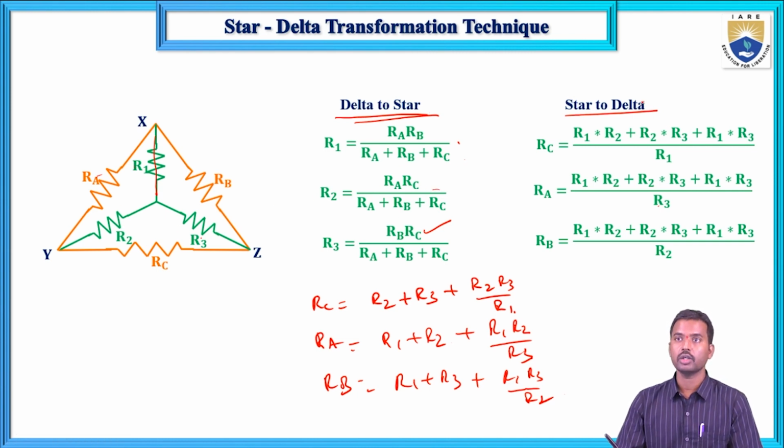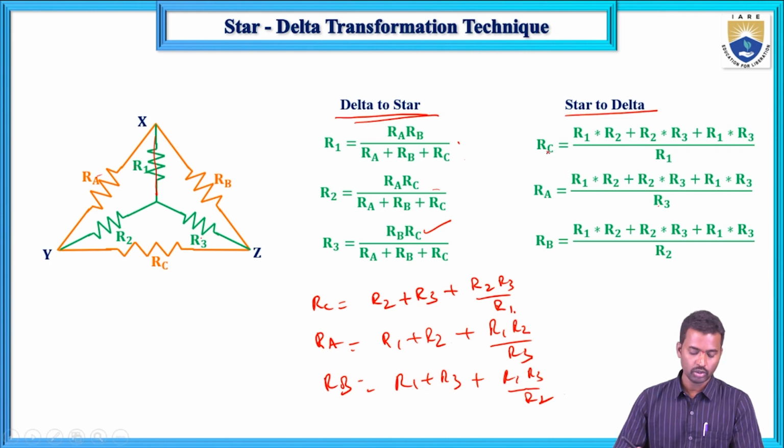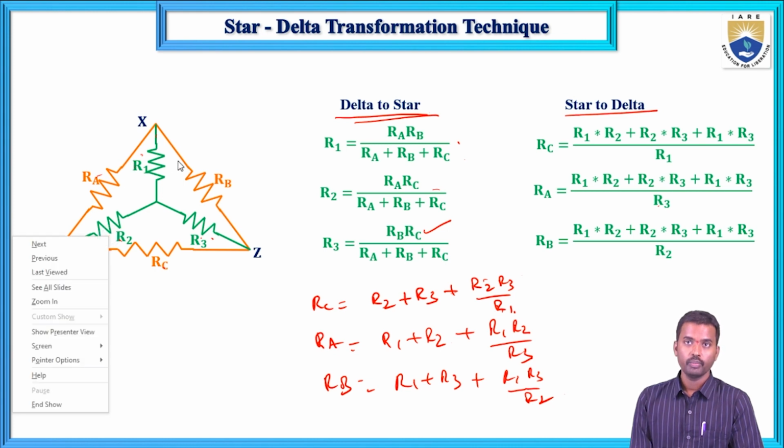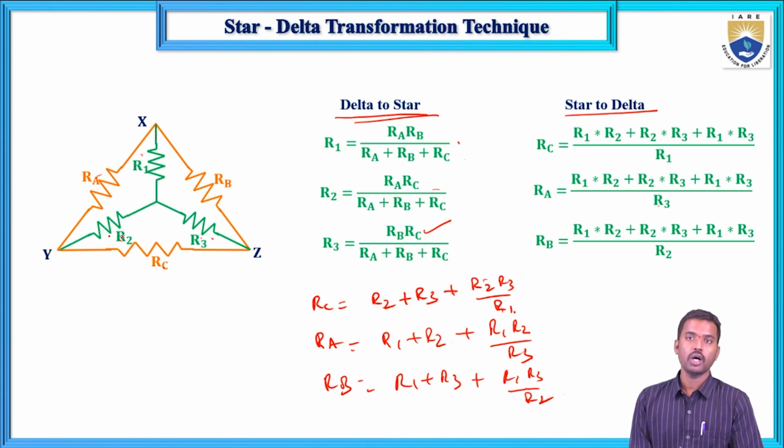Next, what about star to delta? RC equals R2 plus R3 plus R2 R3 divided by R1. And RA equals R1 plus R2 plus R1 into R2 divided by R3.